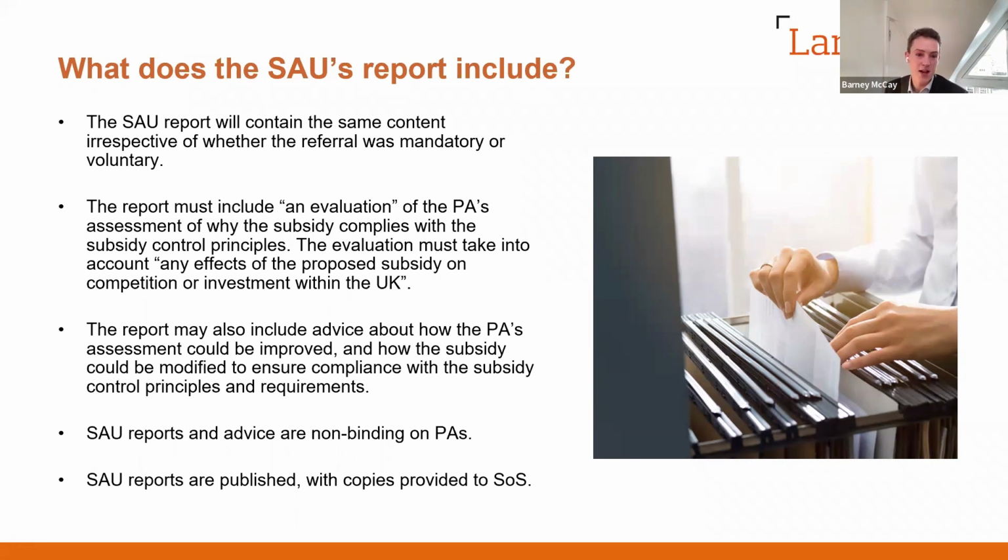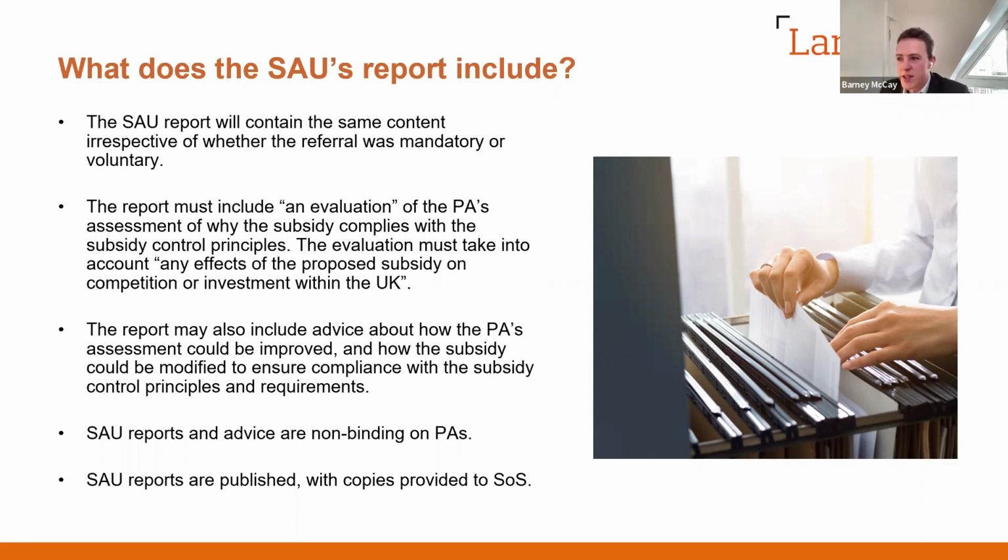The report may include advice about how the authority's assessment could be improved and how the subsidy could be modified to better ensure compliance with the subsidy control principles and requirements. And it's important to remember that the reports and the advice of the Subsidy Advice Unit aren't binding on public authorities.